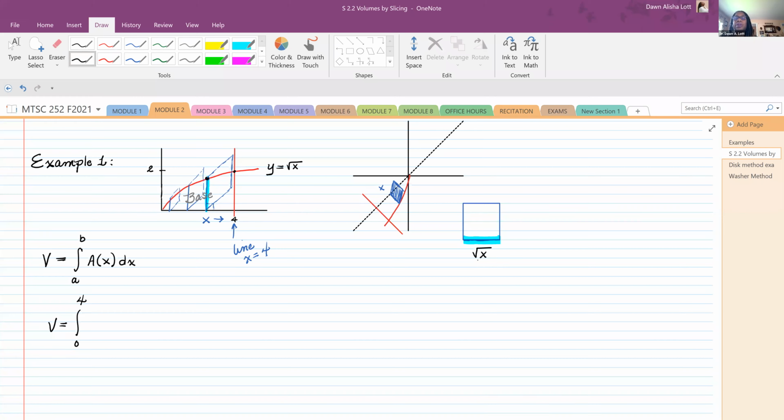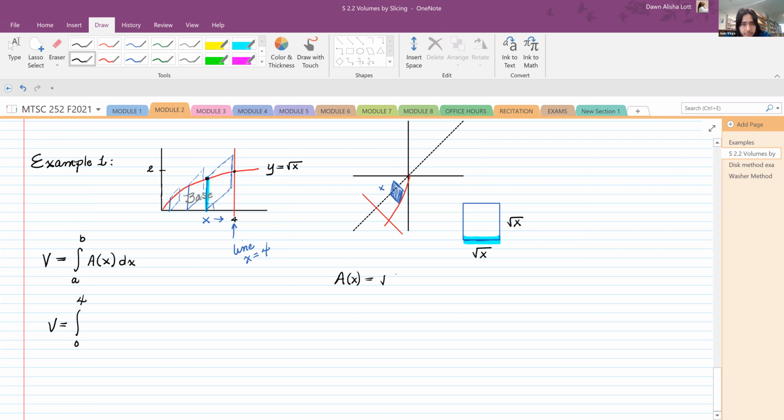Okay, Ezekiel, you said that it's a square, so what is the other side? Anybody? The square root of x. Also the square root of x. Good. So therefore, what is the area of that region? x.